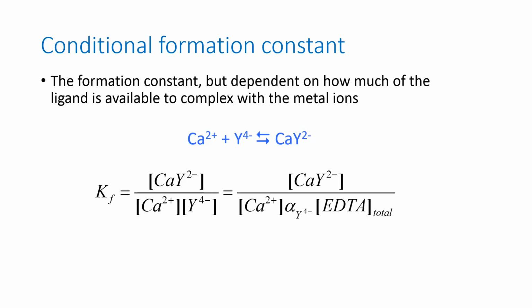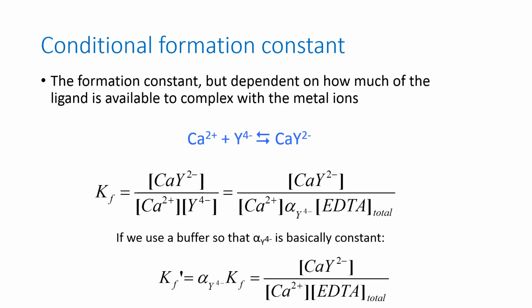So the fraction of EDTA that's in the correct form is denoted by this alpha Y4- term there. And the size of that number, the magnitude of alpha Y4-, depends on the pH of the solution. So we can buffer the solution so that alpha Y4- is basically a constant. That means it comes out of that equation rather, and we get this expression for Kf prime.